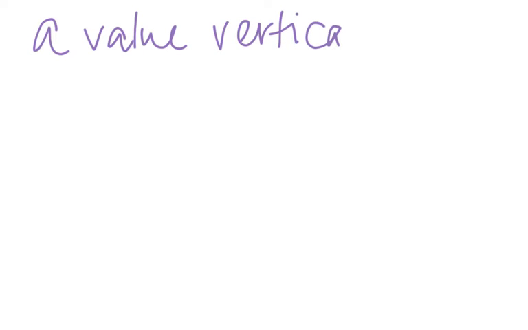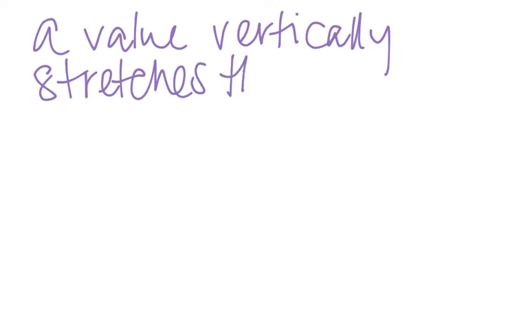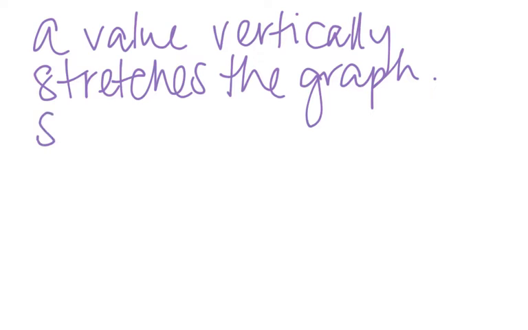Okay, so how does the a value affect the graph, and what does it represent? The a value vertically stretches the graph. So it affects the y values.